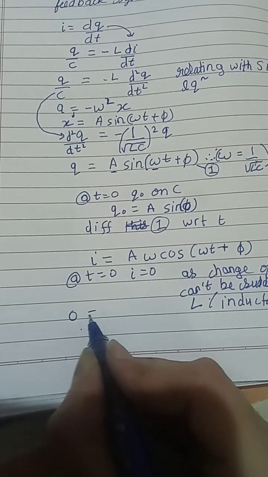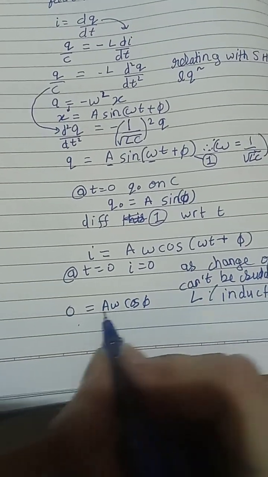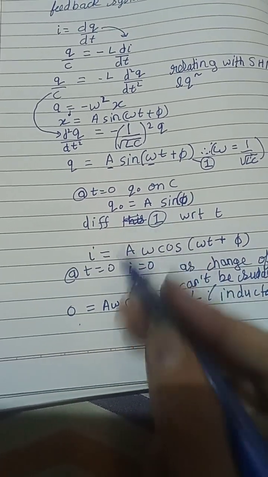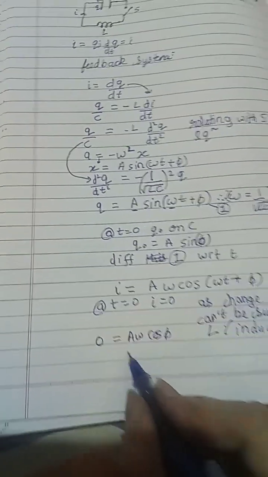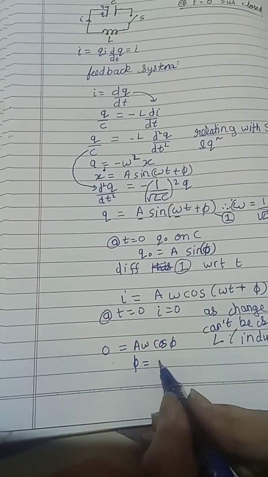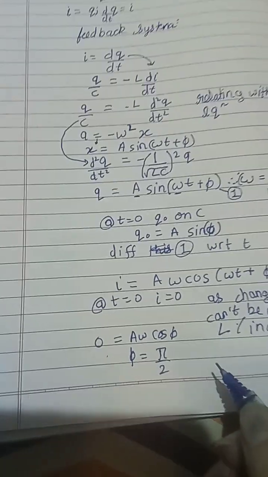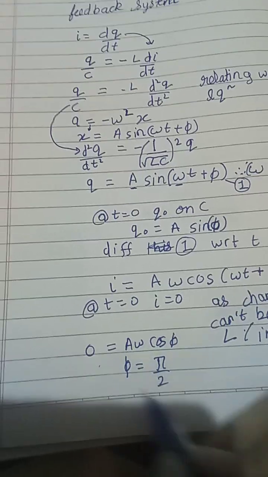So I is 0 at this, so cos phi should be 0. If A omega is 0, it won't work, because then the amplitude would be 0, the function would be 0. So cos phi has to be 0. For cos phi to be 0, phi should be pi by 2. Now I know in general it could be minus pi by 2 or 3 pi by 2, whatever, but let's take this. Now coming to the next page, we have everything.